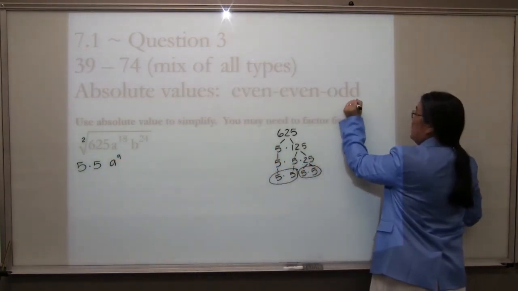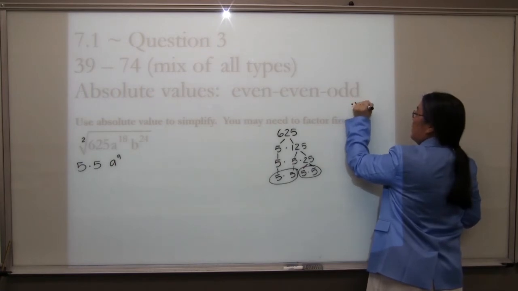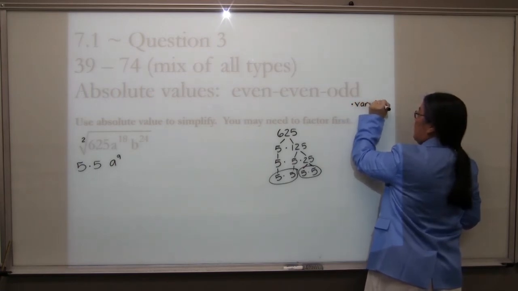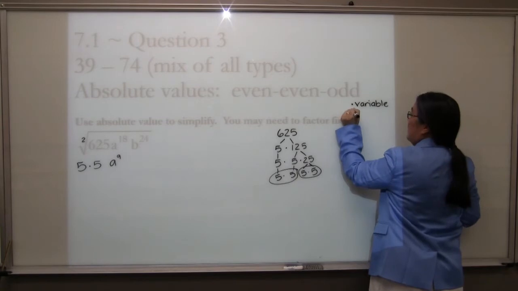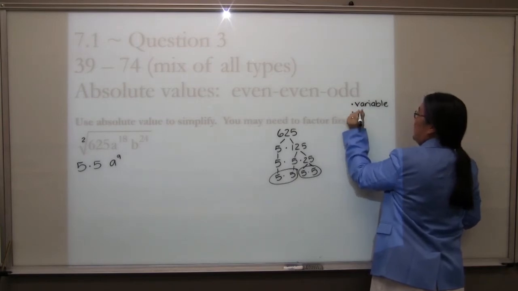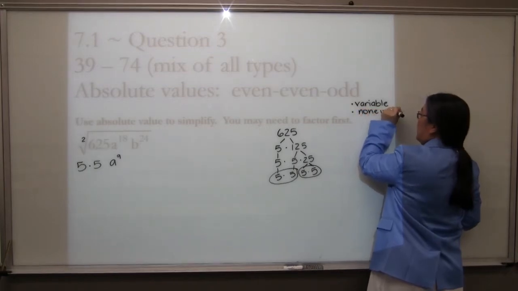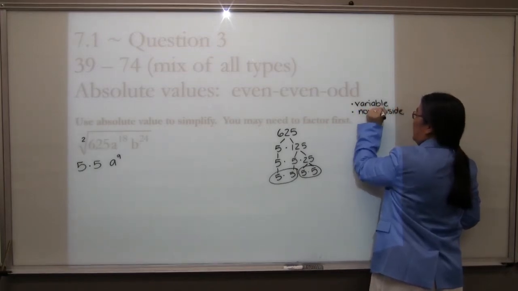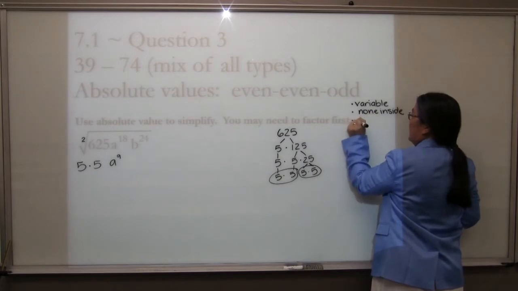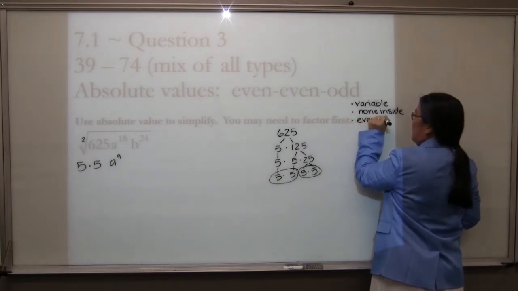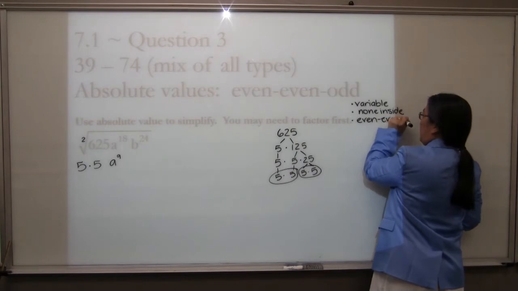It has to be a variable. It has to be a variable that came out all the way. So none inside. And then it has to be even, even, odd.